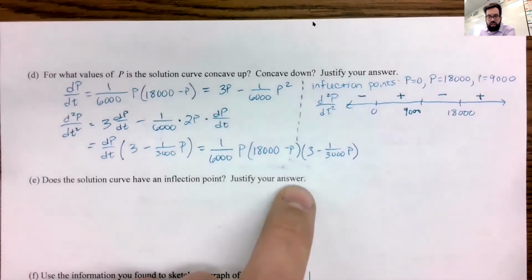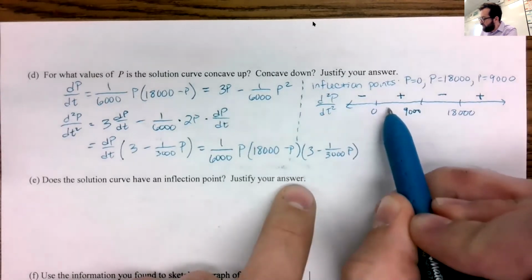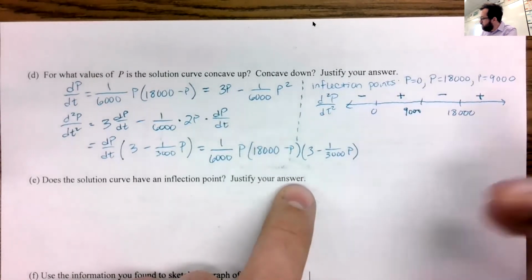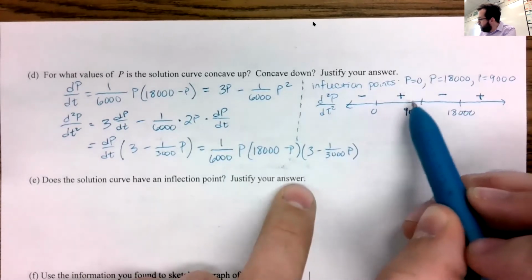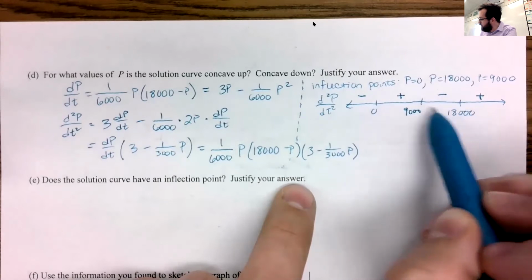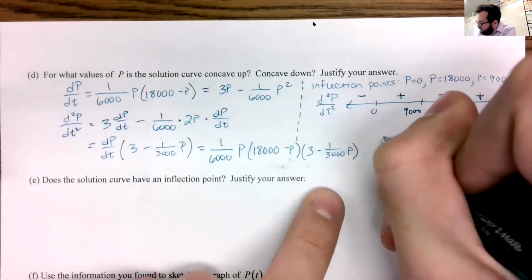All right, so the point is, remember our range was from 4,000 to 18,000. So from 4,000 to 9,000, we have concave up. And then from 9,000 to 18,000, it's going to be concave down.